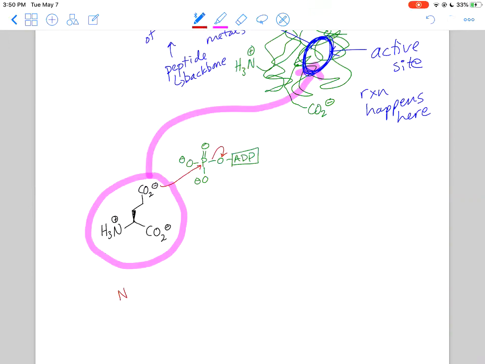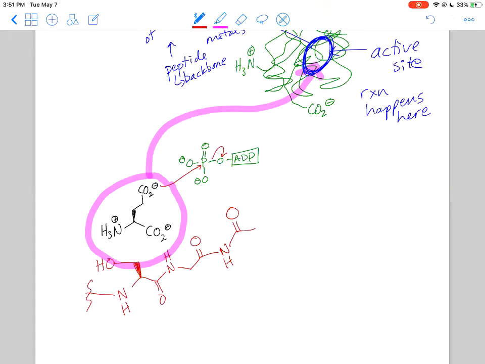So let's do our peptide mantra: nitrogen, carbon, carbonyl, nitrogen, carbon, carbonyl, nitrogen, carbon, carbonyl. This is one very small portion of that peptide backbone. And then let's say we have some amino acid side chain here, and let's say that side chain, I'm just making this up, is a serine residue.